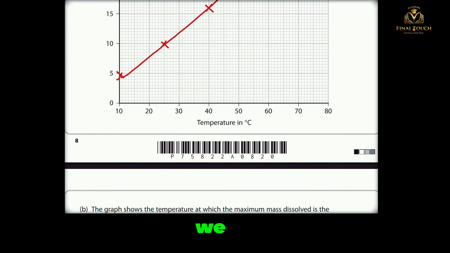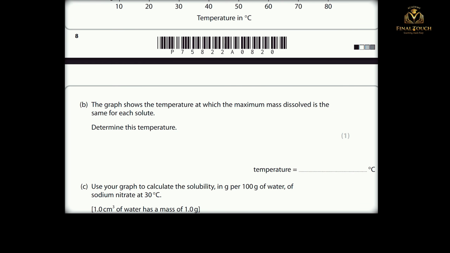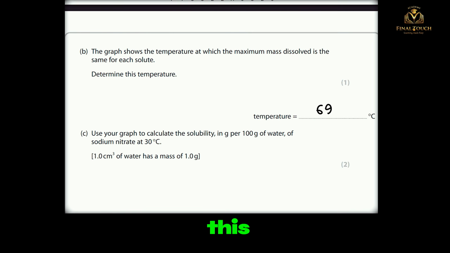So we can write it as 69 degrees Celsius. There should be a range of values that would be accepted for this.